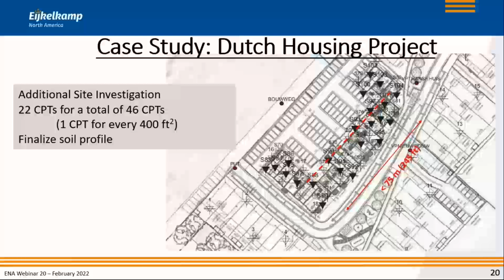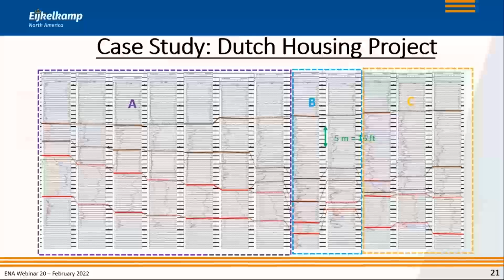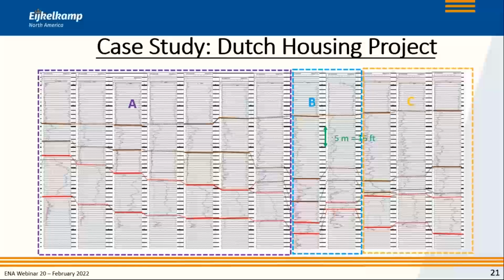A tremendously high number of CPTs, it seems, but at least we felt that based on those CPTs, we would have a very clear idea what the site variability was. And sure enough, we could clearly identify with those soundings what we were having.